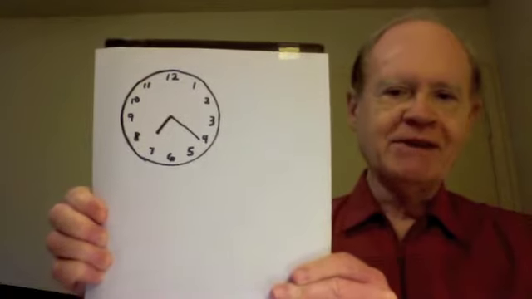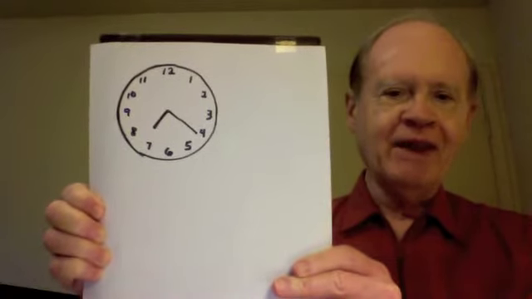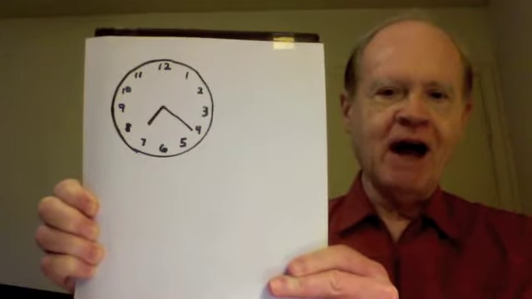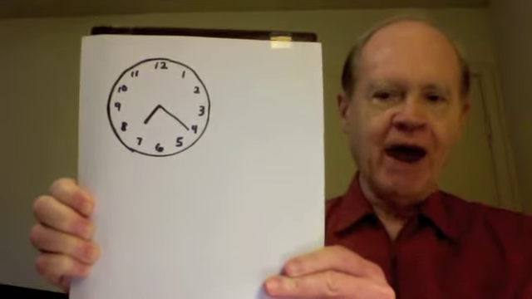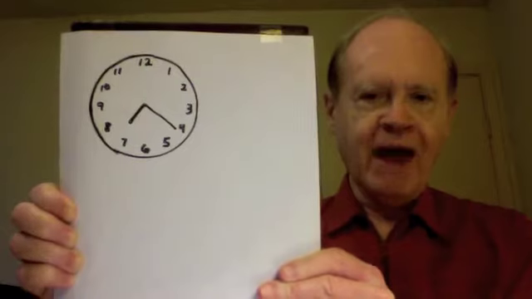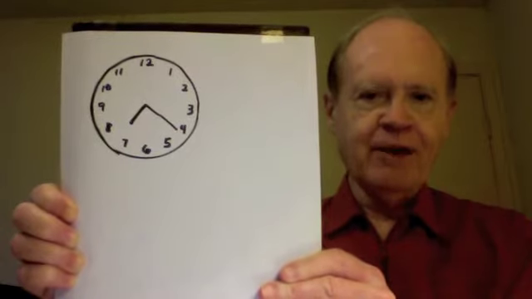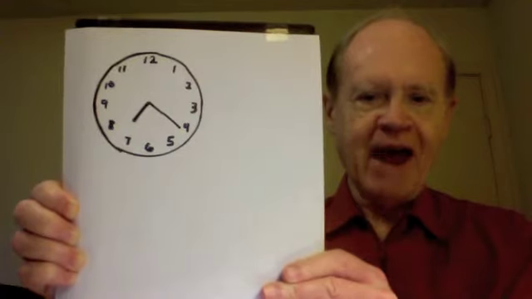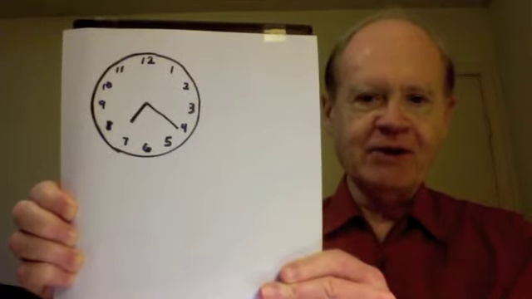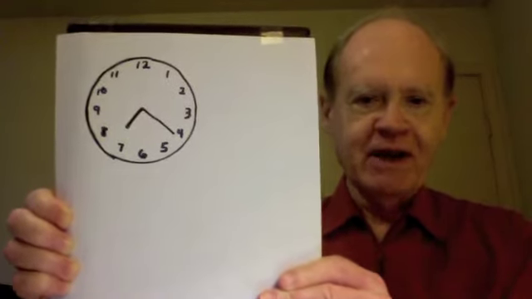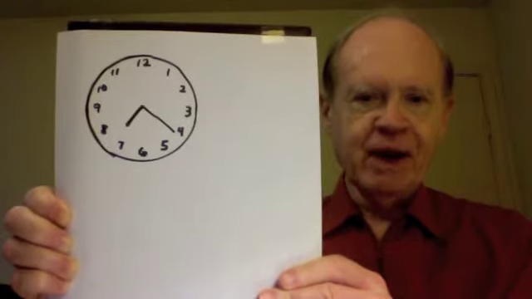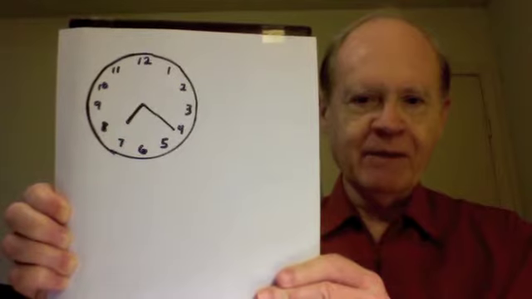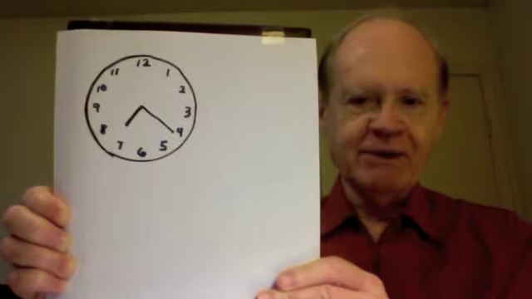This represents the clock at the instant when, for the first time after 7 o'clock, the hands are at a right angle. I'm going to have M stand for the number of minute spaces that the minute hand traveled from 7 o'clock to this position, and H, the number of minute spaces that the hour hand traveled from 7 o'clock to this position.